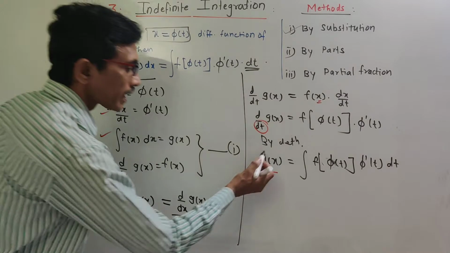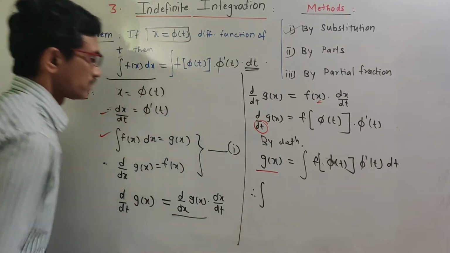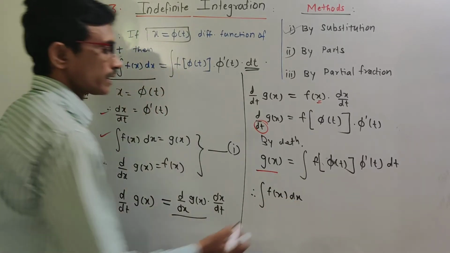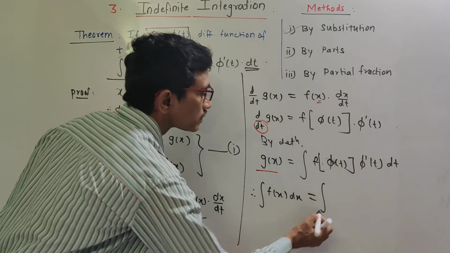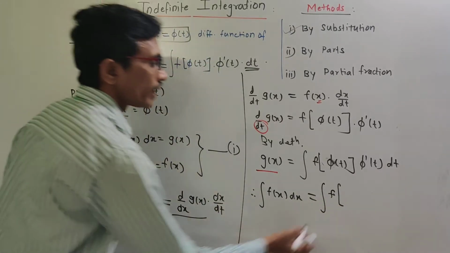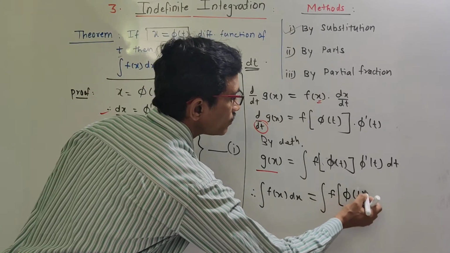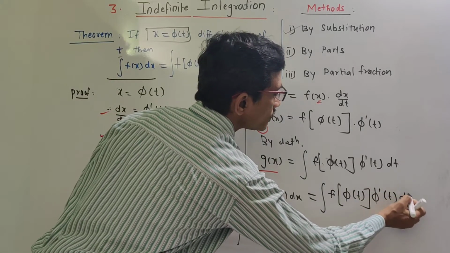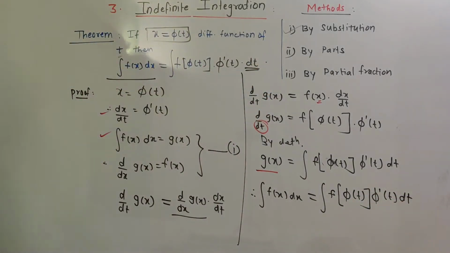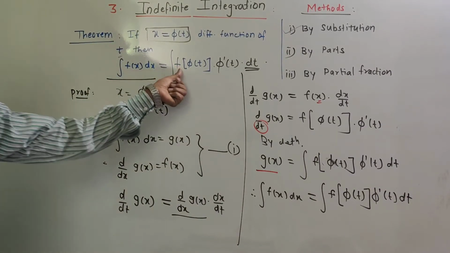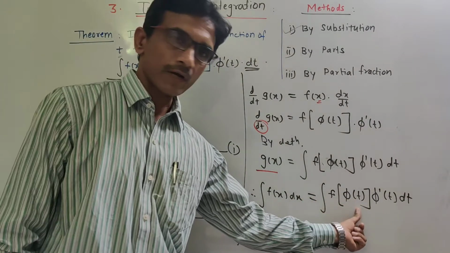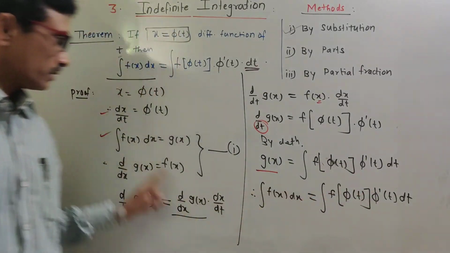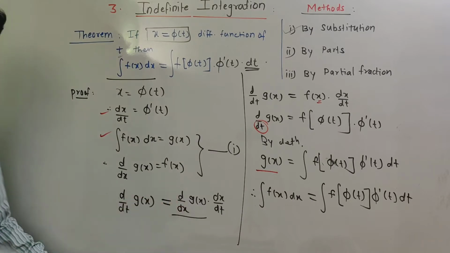So in place of this we write integral f(x) dx, and the right hand side is integration of f of phi of t into phi dash of t dt, which is what was required to prove. So integral f(x) dx is equal to integral f of phi of t into phi dash of t dt. So it is a very simple proof.